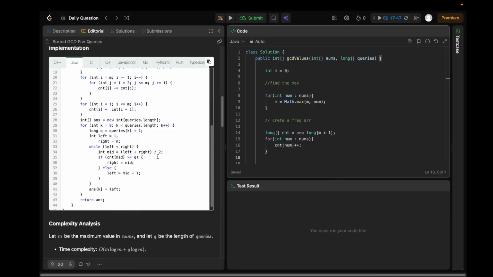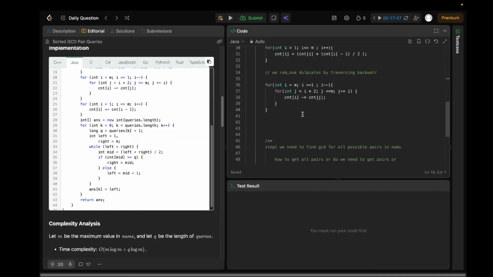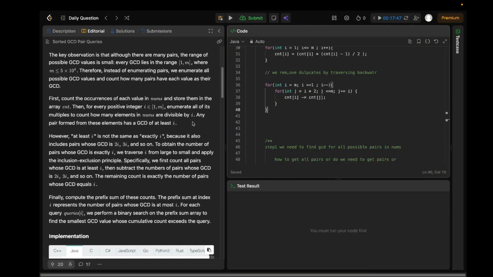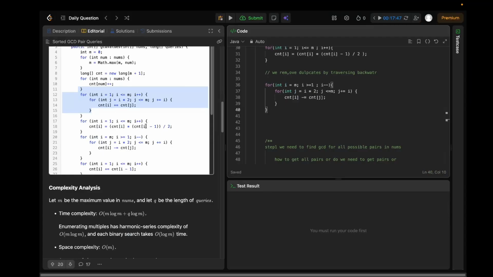Okay, so once we remove the duplicates by traversing backwards, so what does this loop do?